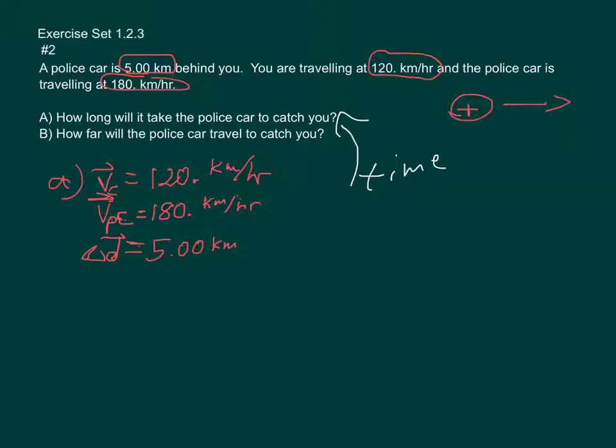So the first thing we do is figure out the relative velocity here. It might look fairly simple, but we'll do the math anyway. We know that the relative velocity, I'm just going to call this velocity total, in this case is the velocity of the police car, PC, minus, always, the velocity of the other vehicle, which in this case is just the car, BC.